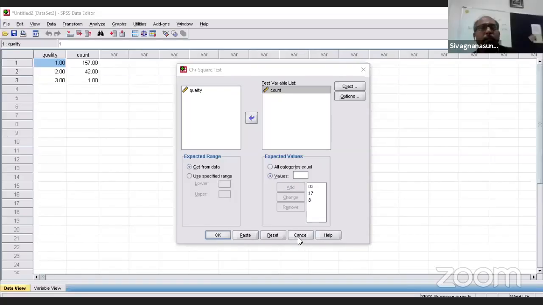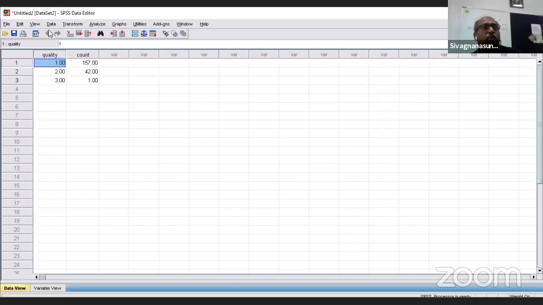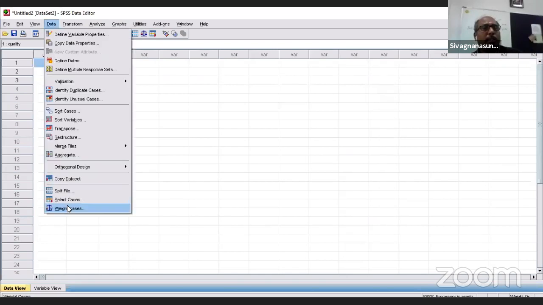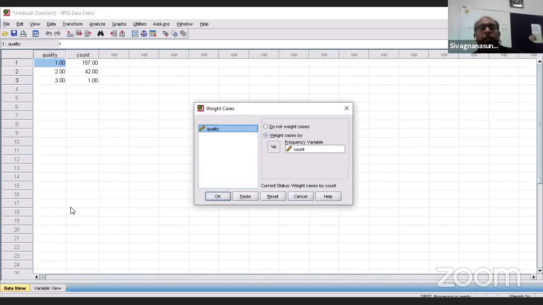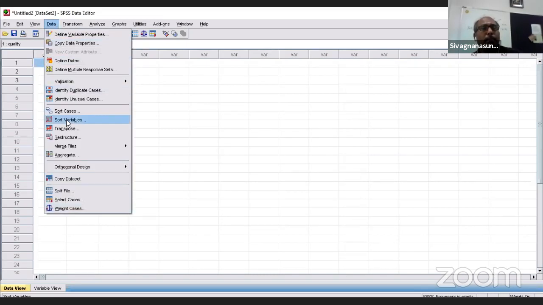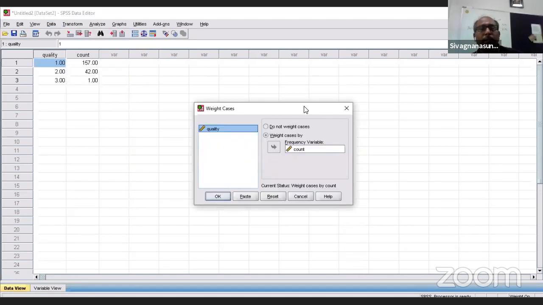Okay, let me repeat. First, I have to inform SPSS that I entered the data in this format. For that, under Data, there is an option, the last option, weight cases. The moment you click on that, you'll get a table like this.